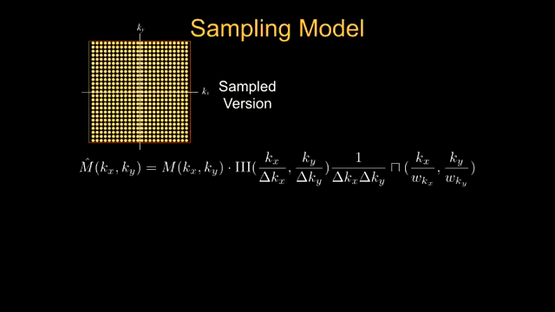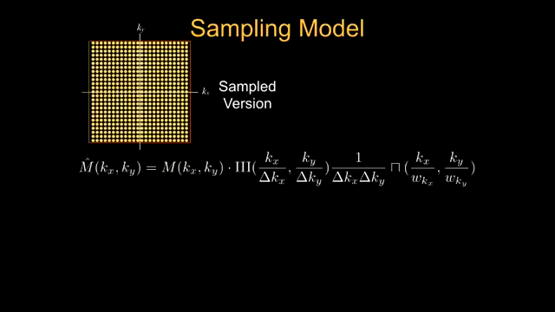Okay, it looks really long, so it looks kind of scary, but it's a very simple thing. It's just multiplied by the comb function that gives all these infinite samples, and the rect will limit how long you're going to have those samples.